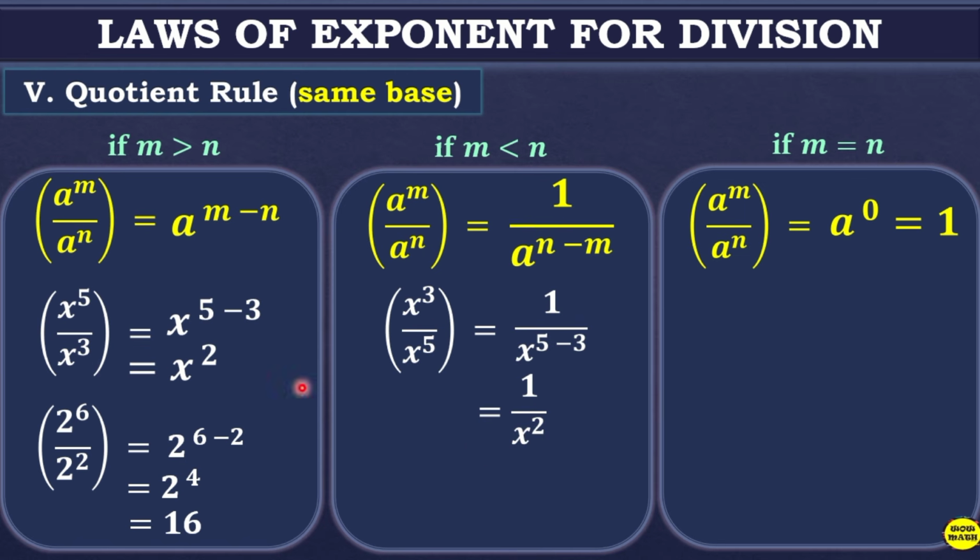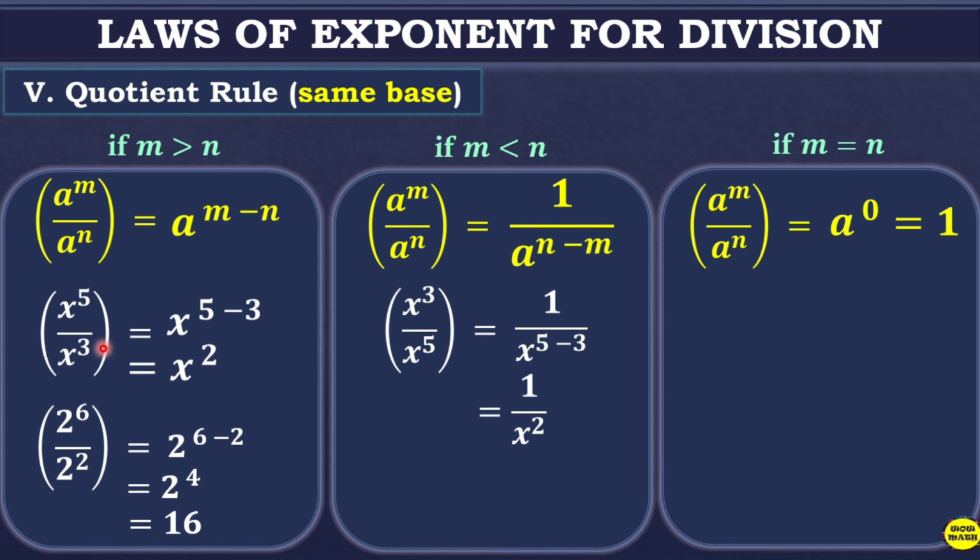Balikan natin to. Halimbawa ito, di ba mas mataas si 5? So, 5 minus 3, 2. Ang sagot ko na x raised to 2 ay ilalagay ko sa numerator. Ma'am, paano po yan naging numerator? Kasi po x squared over 1 yan eh. Hindi lang natin nilalagay yung over 1. Kapag numerator at over 1, hindi na natin nilalagay.